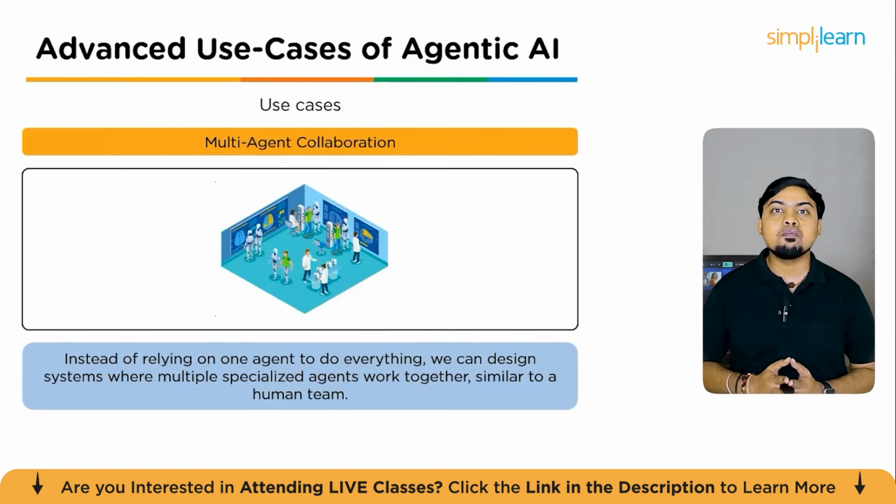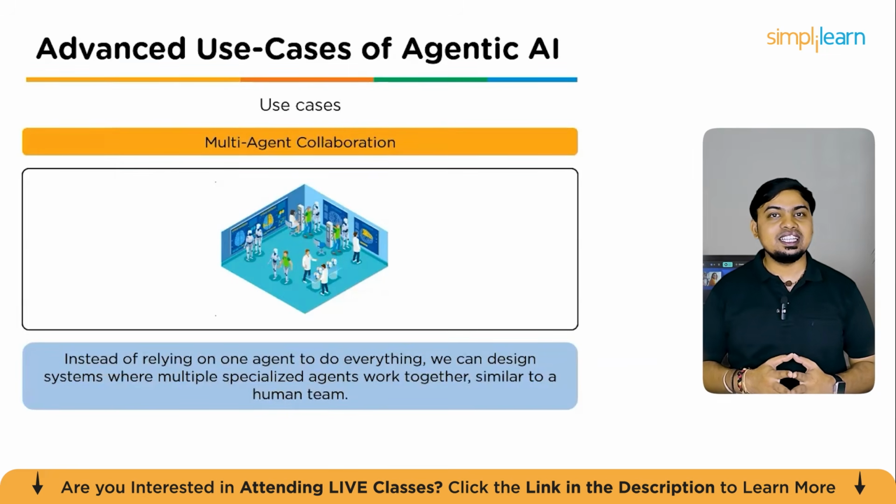Now, let's dive into multi-agent collaboration or role-based systems. Another advanced concept is multi-agent collaboration. Instead of relying on one agent to do everything, you can design systems where multiple specialized agents work together, similar to a human team. Now, frameworks like CrewAI enable this type of role-based architecture.